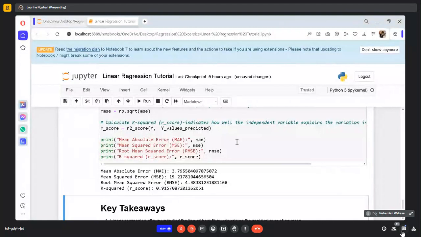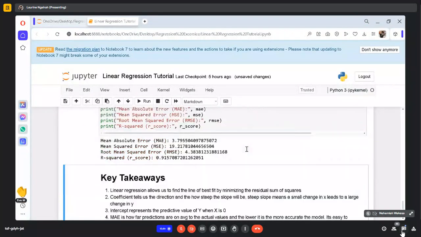For this R squared, the closer it is to 1, the more accurate your model is. So I hope up to there we have understood. Do you have any questions before we continue to the key takeaways?